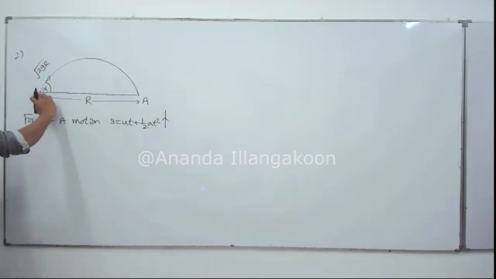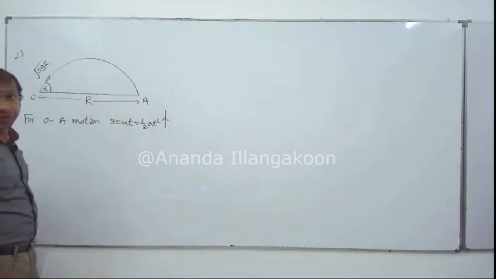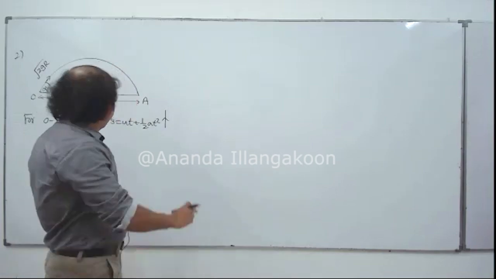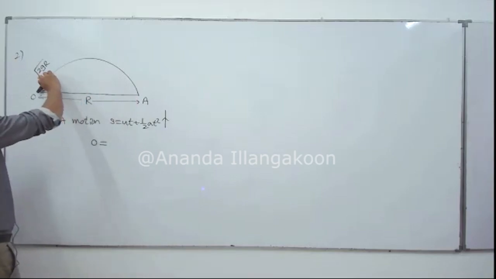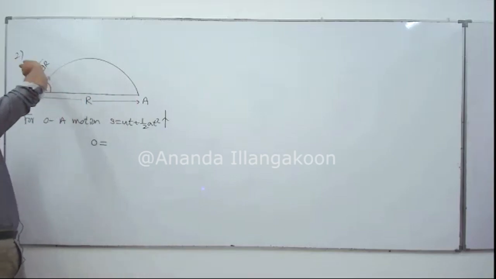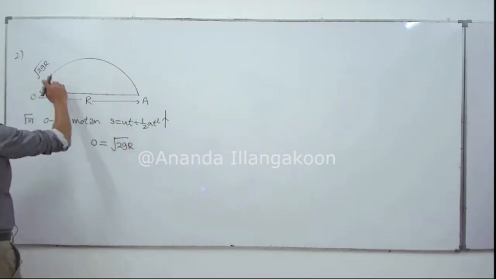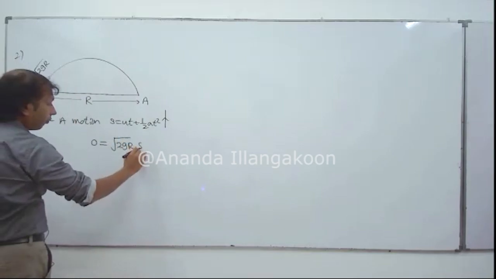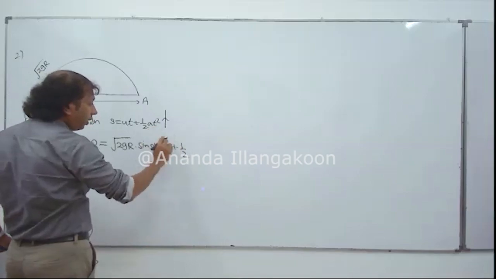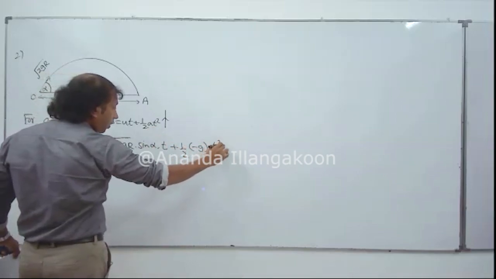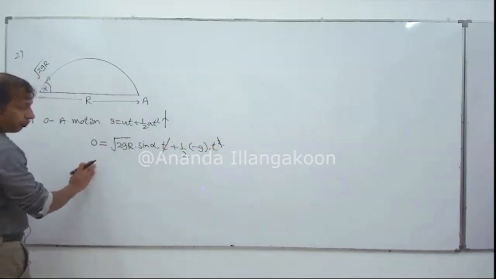Once it comes from O to A, in the upward direction there is no displacement, so s is 0. u is root 2gr sine alpha, times t, plus half a, which is minus g, t squared. One t you can cancel out. Then bring this to this side, making t the subject.